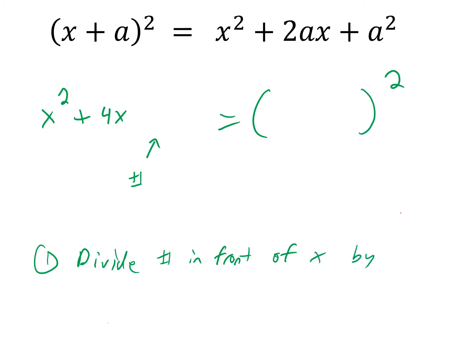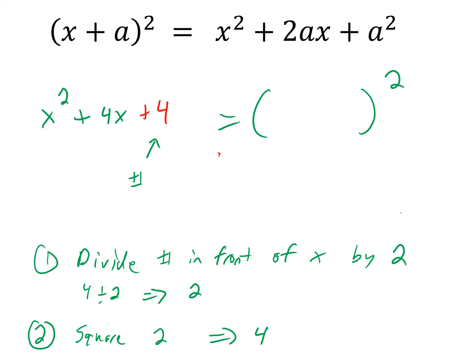So you're going to be doing 4 divided by 2, and you get 2. And then what are you going to do with this number? You're going to square it. I need to square the number 2. So what do you get? You get 4. So if you put plus 4 here, then you've completed the square. You've turned it into something that could be written as something squared.